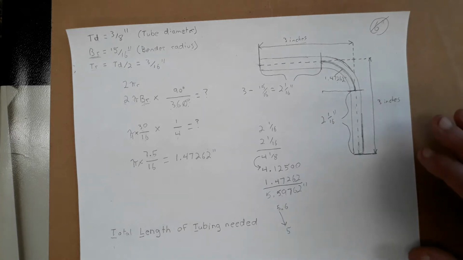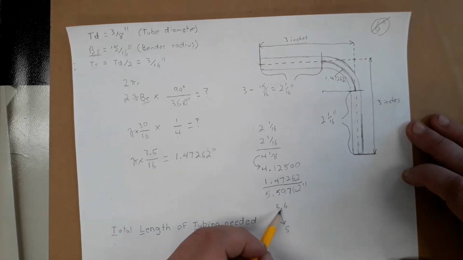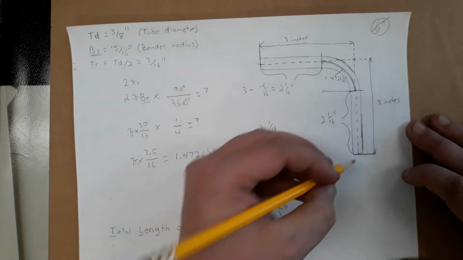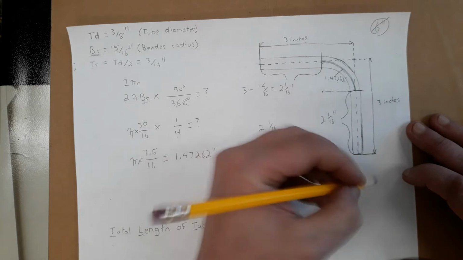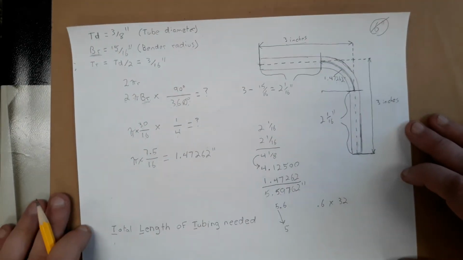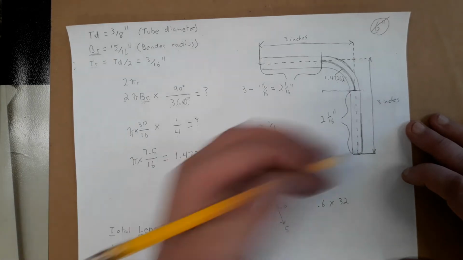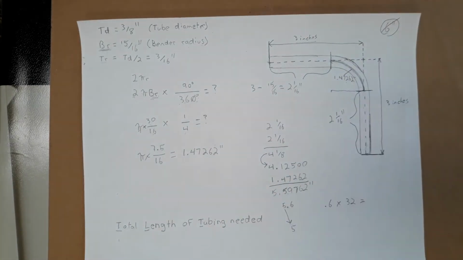Now I'm going to try to maintain as much accuracy as possible, so I'm going to go into 32nds. This 0.6 is saying it is 60% of a whole inch. So I can take that 0.6, and if I multiply it by the 32 segments of an inch, it'll tell me how many 32nds I need.